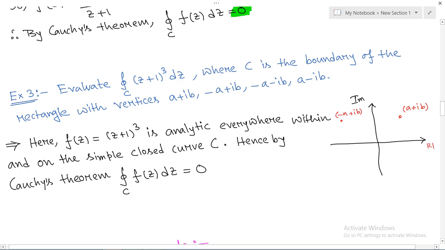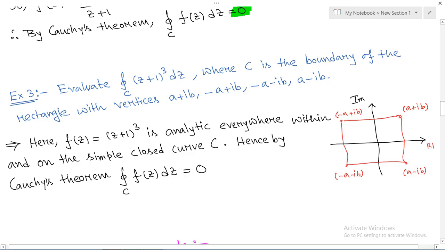Then minus a minus ib, and thereafter a minus ib. We join all these vertices so that we form one rectangle. So this is the curve; instead of a circle, here it is given as a rectangle.